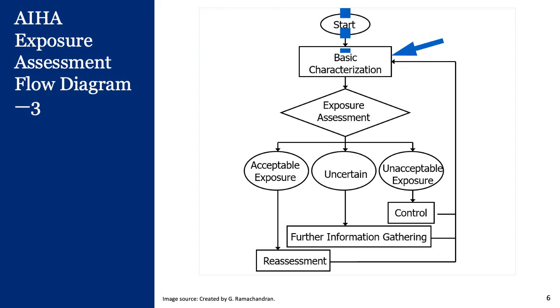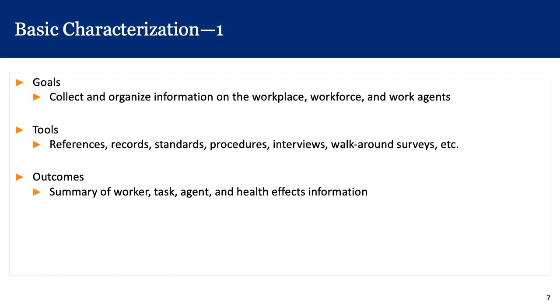Following that, we come to the first major part of the exposure assessment strategy, which is the basic characterization of the workplace. The goals of this step are to collect and organize all the information on the workplace, the workforce, and the work agents, meaning the chemical and physical and biological agents that might be in the workplace.